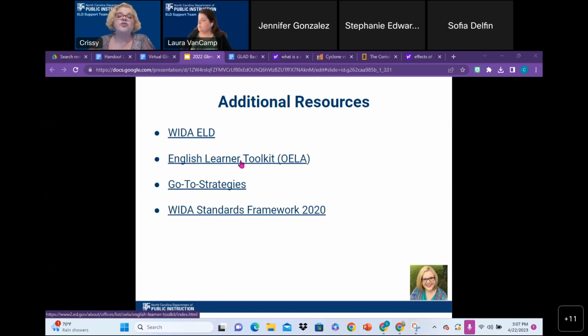There's an English Learner Toolkit from the Office of English Language Acquisition that gives some good materials. Go-to strategies for use with multilingual learners, and then of course the WIDA standards framework that you can access digitally that gives you several different versions of our ELD standards and support resources.